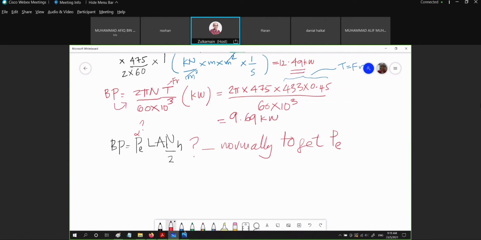Always from the testing, from the dynamometer. This formula usually is to get the PE. There's no other way we can get the PE. The PE is always from the BP, and the BP is always from this formula, 2 pi NT. Okay? So please take note of that.